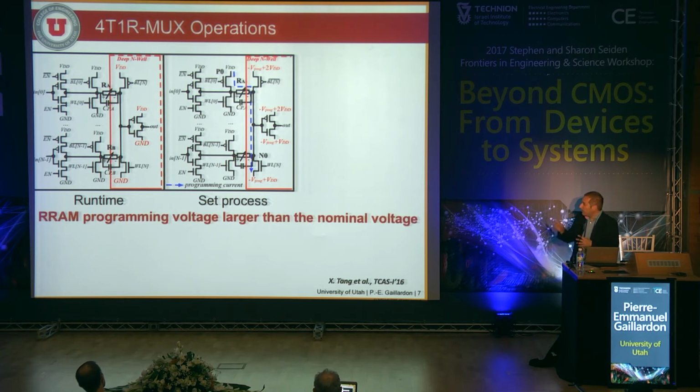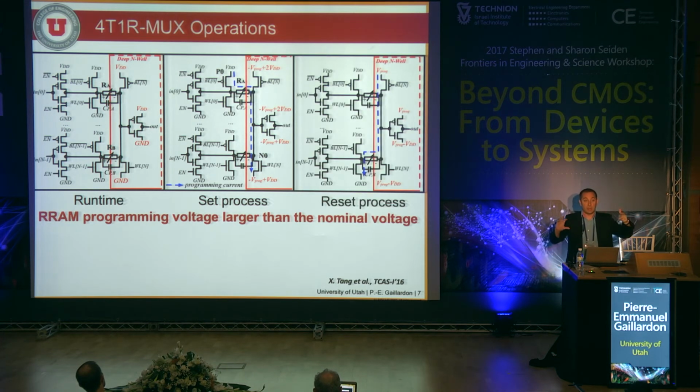So in this particular case, we do have our RRAM programming voltage that is larger than the nominal voltage of our transistor, again, without any risk for the device. If we want to reset, that's the very same idea, but instead of shifting down the right part of the circuit, we do shift up the left part.